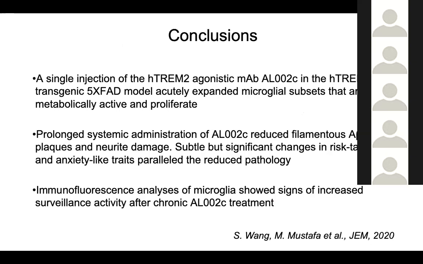Prolonged systemic administration of AL002C reduced filamentous A-beta plaques and neurite damage, and led to small but significant changes in risk-taking and anxiety-like traits, in line with the reduced pathology.